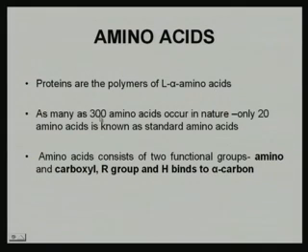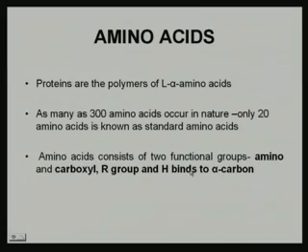There are more than 300 amino acids in nature, but only 20 amino acids are considered to be the standard amino acids, and with their permutations and combinations protein structure is made. An amino acid consists of two fundamental groups.